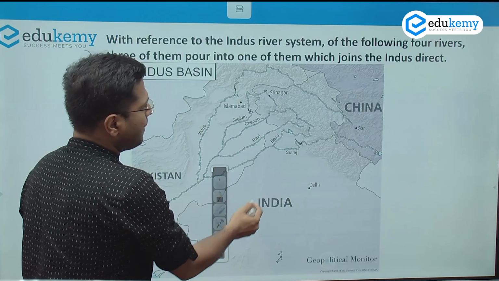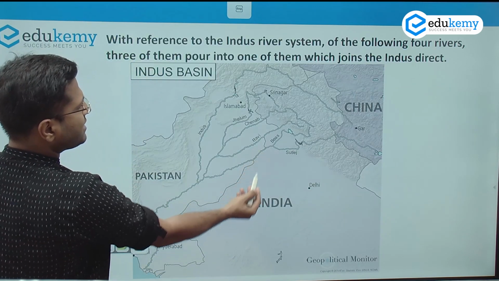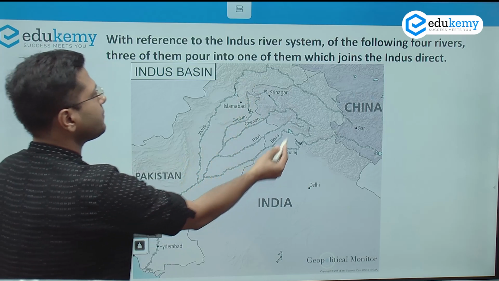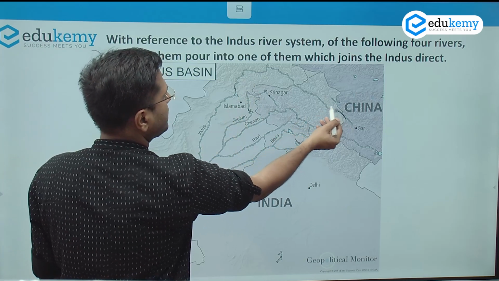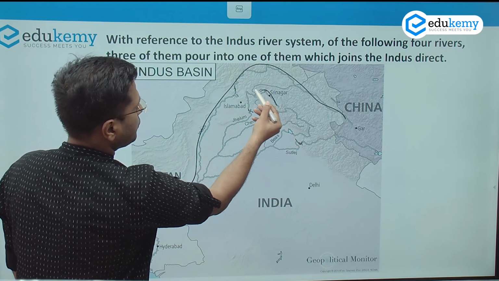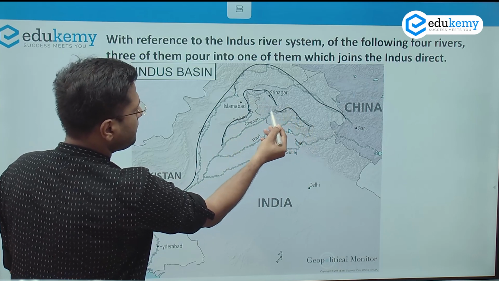If you look at the map carefully here, you can very well see the whole Indus river system and its tributaries. Left bank tributaries are clearly visible. This is Indus, and then we have Jhelum flowing across from Srinagar, and then we have Chenab.